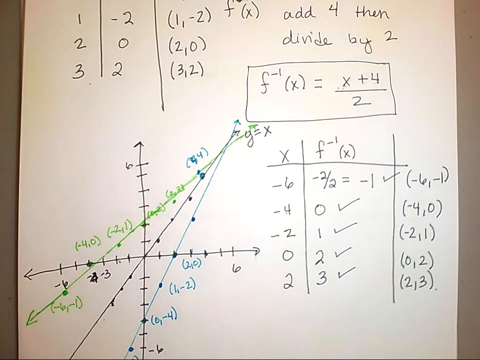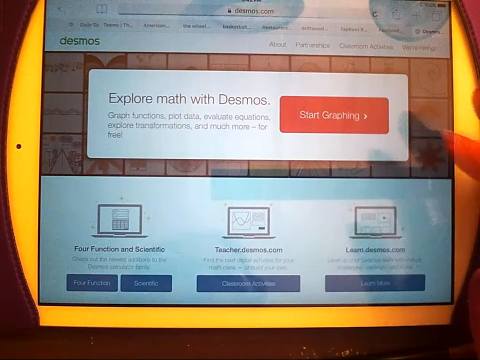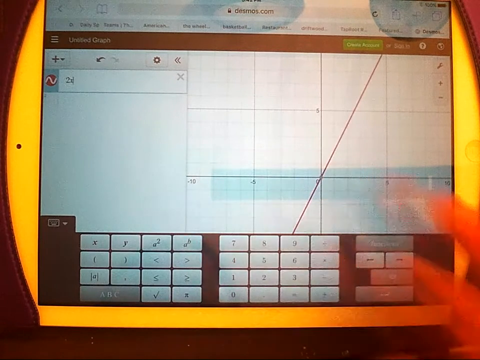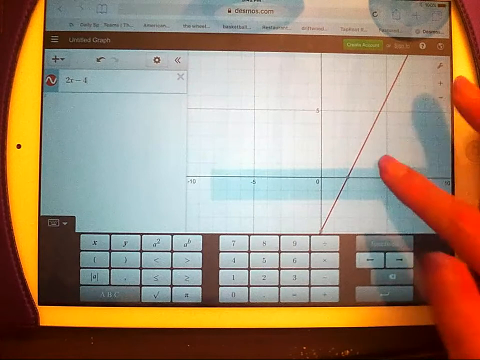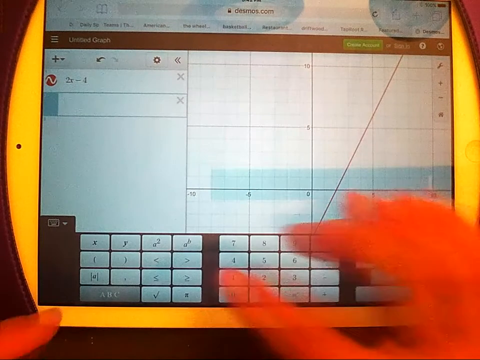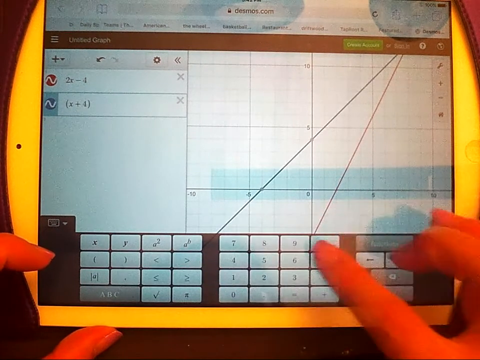So let's go to Desmos so you can see just a little bit better what I'm about to say. If we start graphing, our first function is 2x minus 4. So that's this line that we've put in. Now we said the inverse was that we added 4 and then divided everything by 2.